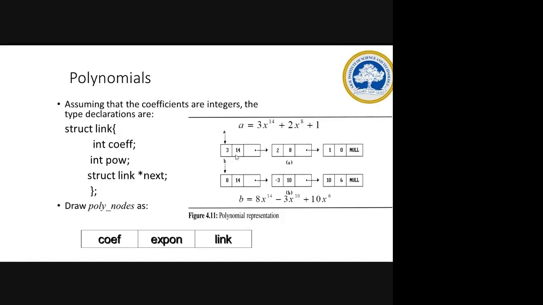Next is your power, then the next address where this is stored. 2, 8, and next we have one more element, 1, but no power, x power 0, and there are no more elements here, so it is null. Similarly, when I take B into consideration, 14, then minus 3 and 10, then again 10 and 6, then finally it is null. So this is how the representation is.